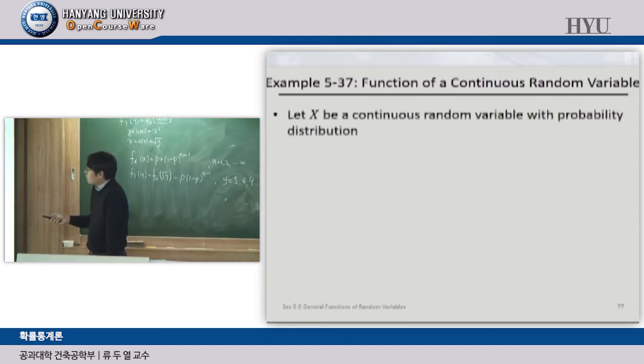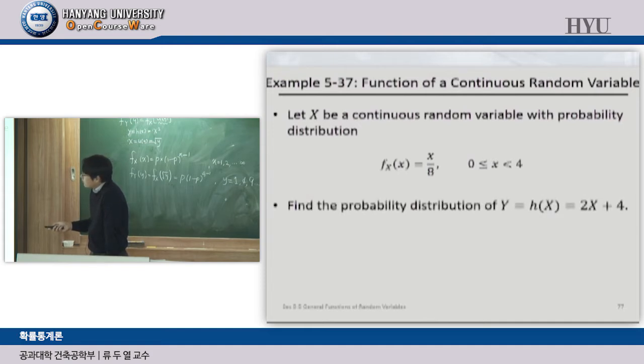Let x be a continuous random variable with the probability density function f(x) equal to x over 8, when x is between 0 and 4. So in this case, find the probability density function of y when y is equal to 2x plus 4.